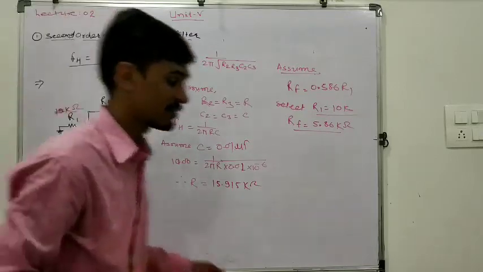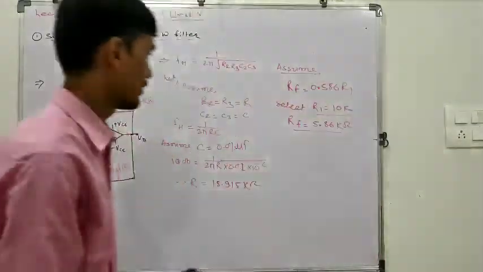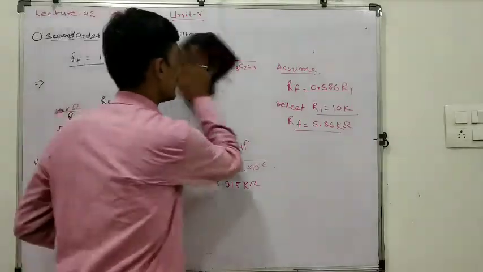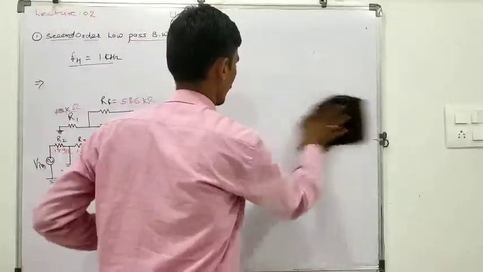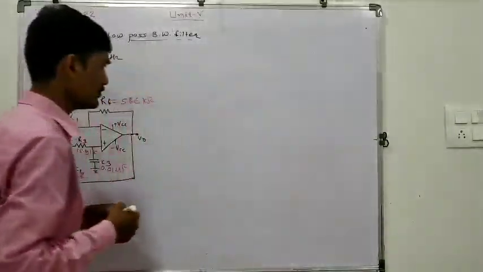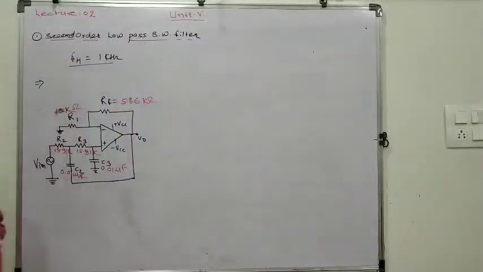Now the last step to design a second order low pass Butterworth filter is to plot the response. And for plotting the response, again we have to write down the formula for the frequency response or transfer function.